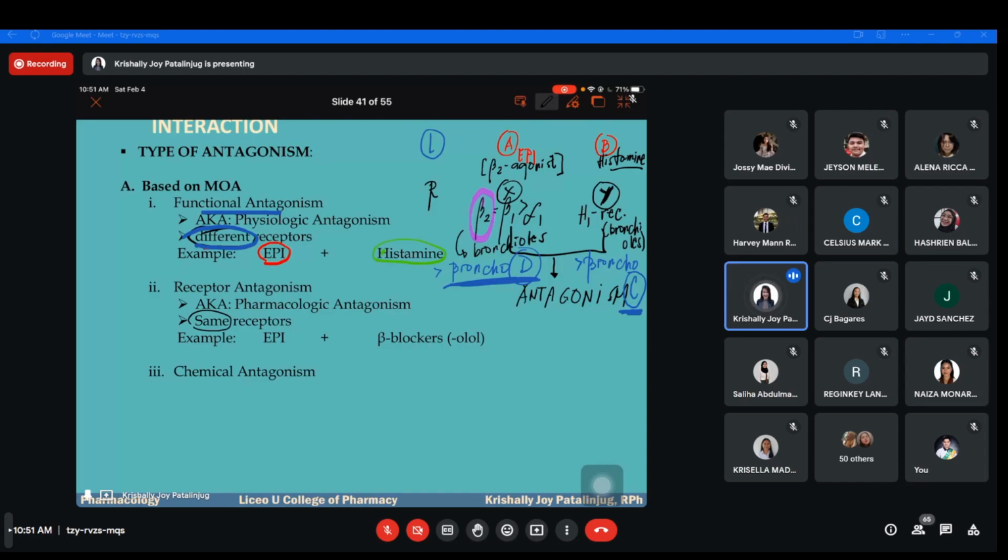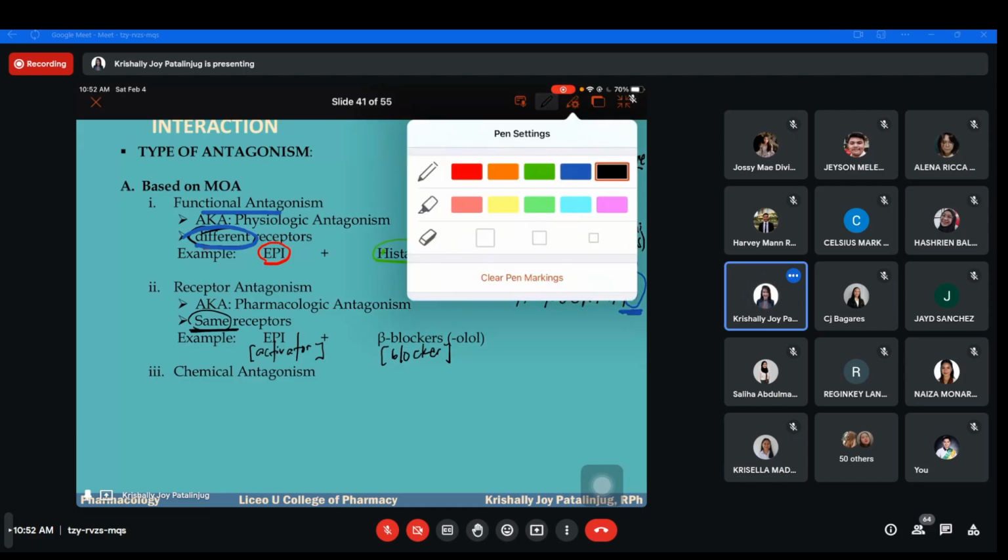So most probably yung isa dyan is an activator of that receptor. The other one is a blocker of that receptor. Kasi nga, on the same receptor man sila nagbabind. Okay, so yung magiging realization nyo, bakit antagonistic to each other sila kapag nagbind on the same receptor? Probably yung isang gamot, activator, yung isang gamot naman is a blocker. Kaya antagonistic talaga with each other ang effect.